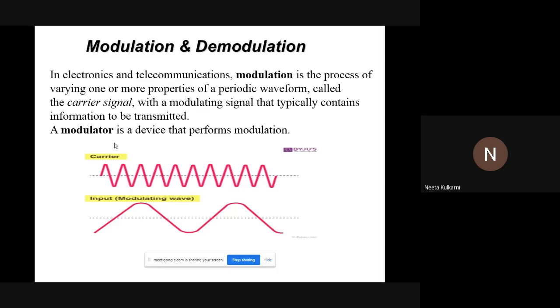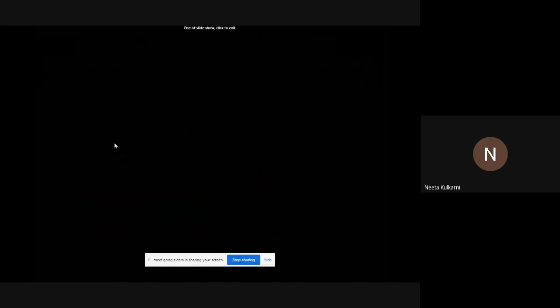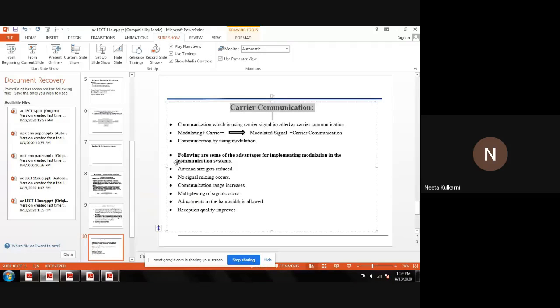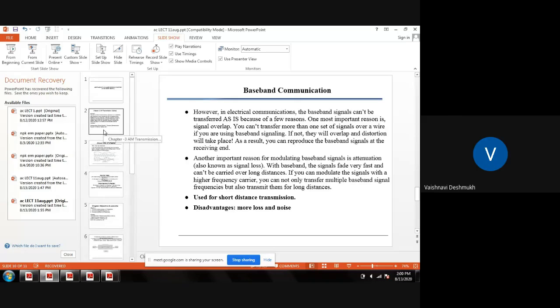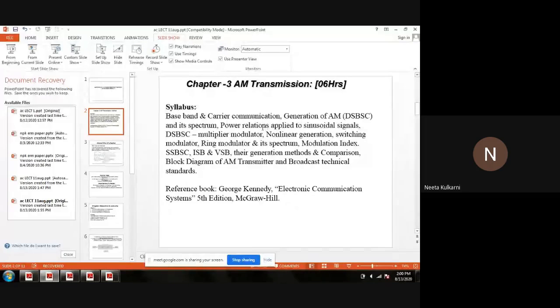That process of extracting the original modulating signal back at the receiver is called the demodulation process. And the device which performs the demodulation process, what is it called? Demodulator. So the modulator is used in the transmitter, and the demodulator is used in the receiver part.